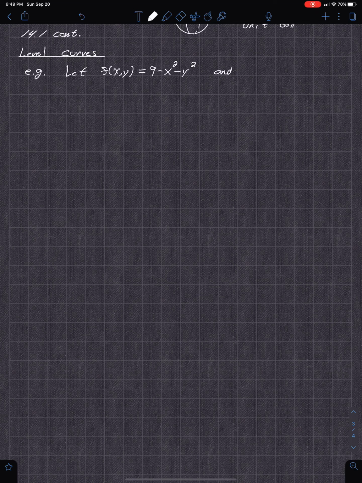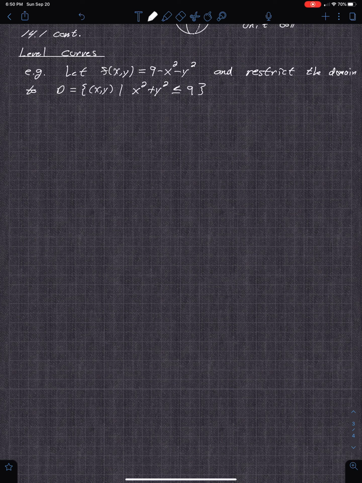And this time we're going to restrict the domain to D equal to the set of x y such that x squared plus y squared is less than or equal to 9. So basically what that's going to do is chop the graph off at the xy plane. So it's not going to continue.